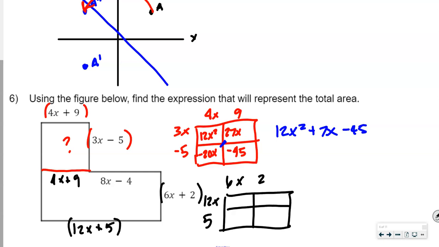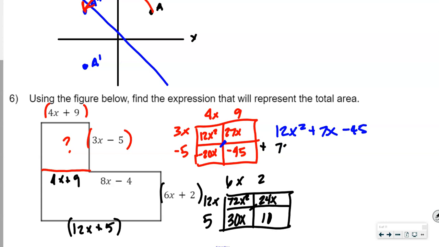Okay. So 6 times 12 is 72, and x times x is x squared. So this is going to be 24x. Then we've got 30x. And then 5 times 2 is 10. Okay, so here we have our like terms again. So now remember, we're going to add this. We're going to combine our like terms there, the 24 and the 30.